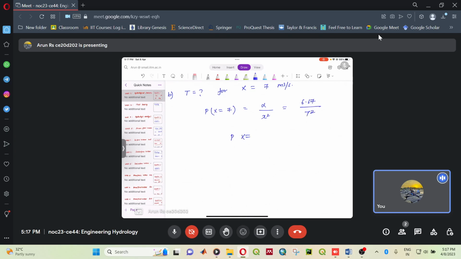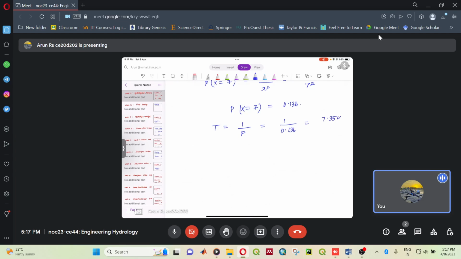We can get the probability of x equal to 7 as 0.136. So once we get the probability, we can get the return period as 1 divided by p, 1 divided by 0.136, that is equal to 7.35 years.